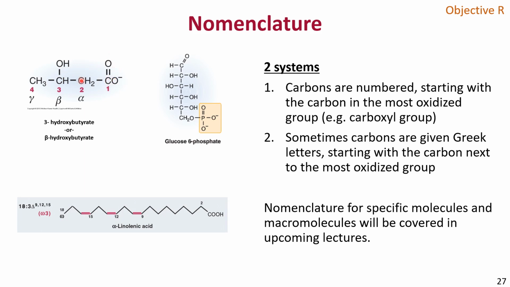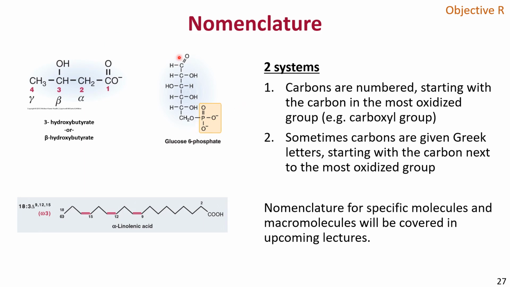So 3-hydroxybutyrate there. Some organic texts will use the Greek nomenclature where you have the most oxidized carbon, the one closest to it is the alpha carbon, the beta, and the gamma carbon. So you could call this beta-hydroxybutyrate, which is actually its more common name. We'll see this when we talk about ketosis and metabolism.